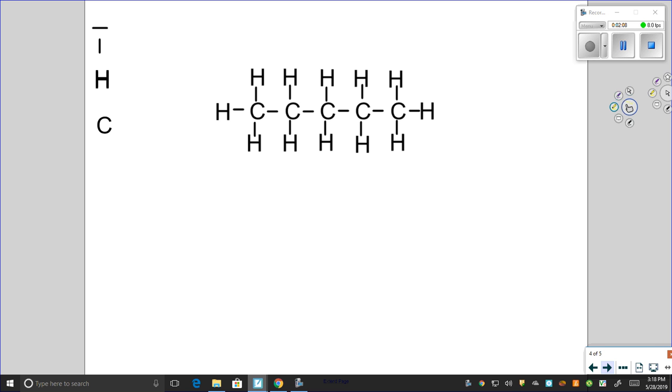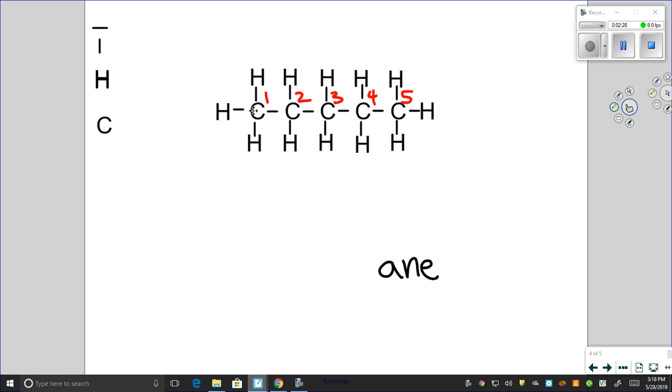Here I have another alkane. I know it's an alkane because all of the carbon-carbon bonds are single bonds. That means my ending will be -ane. I then count up my carbons, and I've got 1, 2, 3, 4, 5.